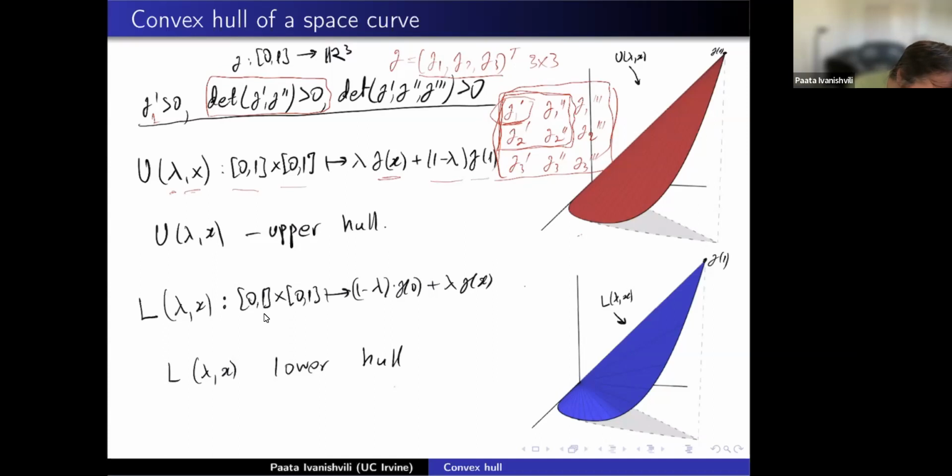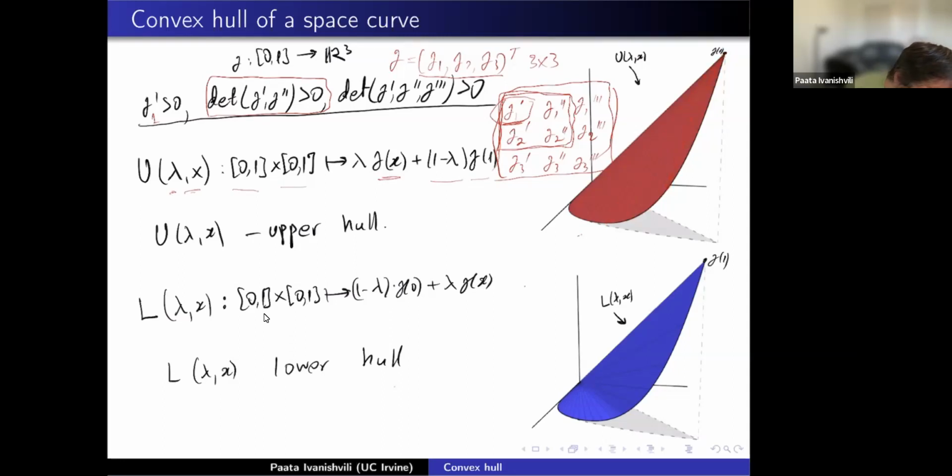Let's say this is gamma 1, and somewhere sitting is gamma 0. What you do is take gamma 1 and take the convex combination with any point gamma x. So you just join this endpoint of the curve with any point of the curve inside. And then you do the same thing with other points.